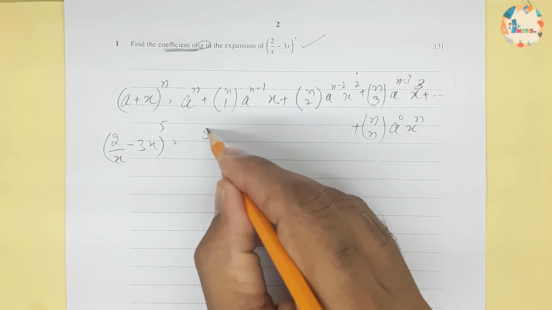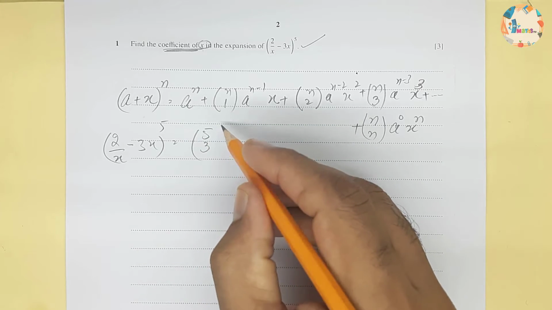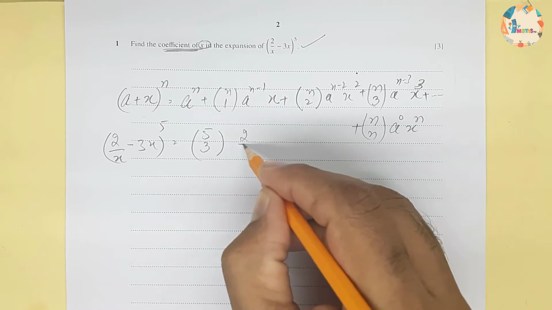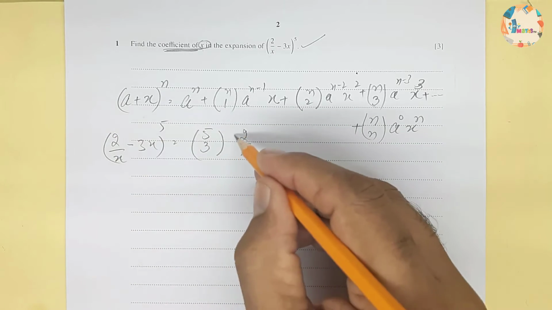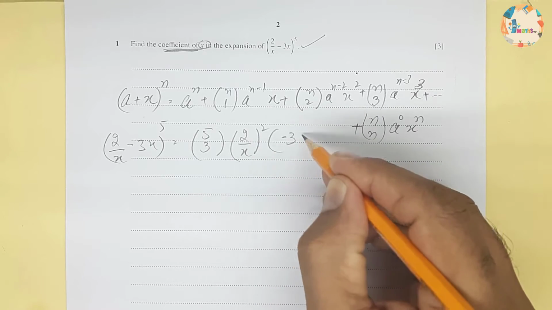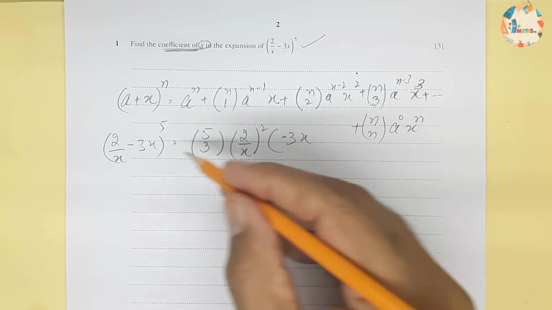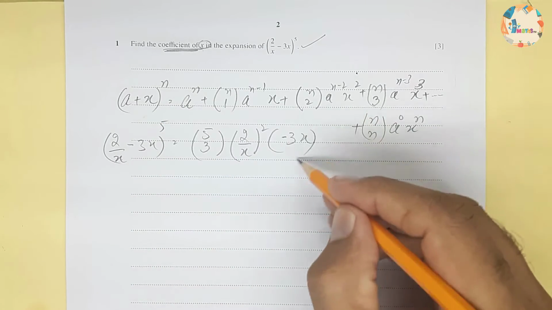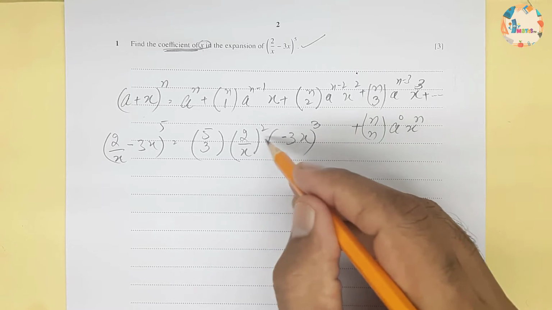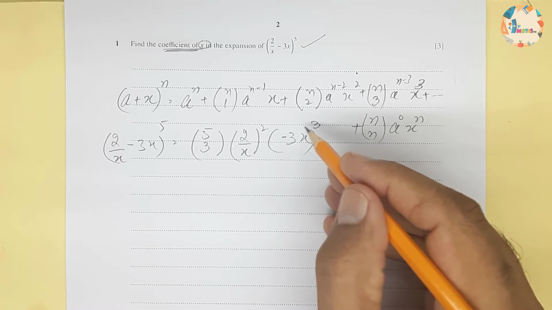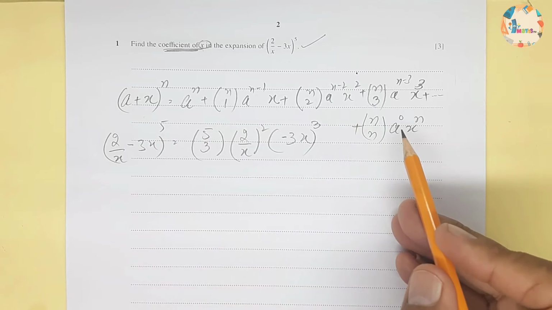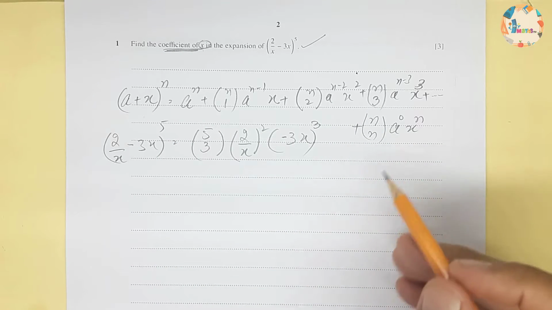So 5C3, if I write 5C3, this will be (2 over x), A is 2 over x, so a squared, and minus 3x, which is our b or x value, so we will be taking the cube of this one. This 3 plus 2 is 5, so this is resulting to x. All other terms are not resulting in an x coefficient.